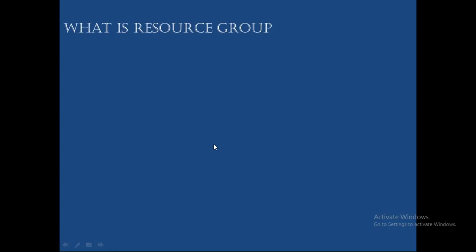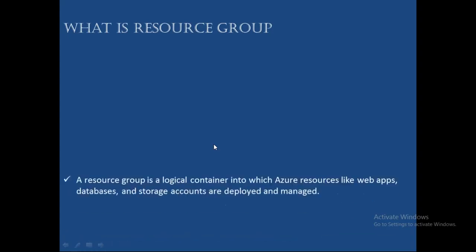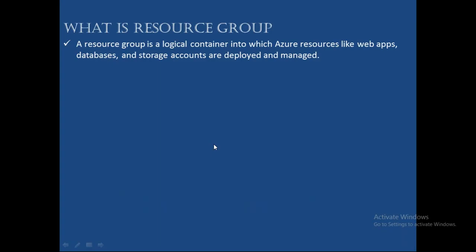Next thing is, what is a resource group. See, a resource group is a logical container into which Azure resources like web apps, databases, and storage accounts are deployed and managed. For example, I will create a WhatsApp group. Later, whoever wants to join our training, I will add them to our WhatsApp group. How simple it is. So now I know who all are joining my business intelligence master program.